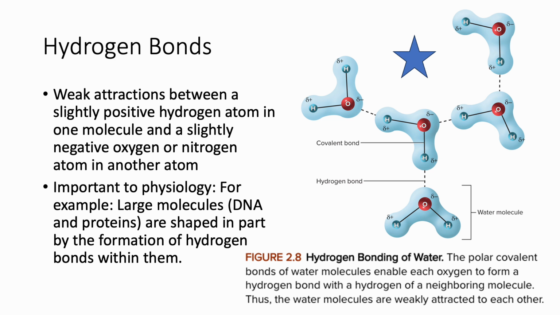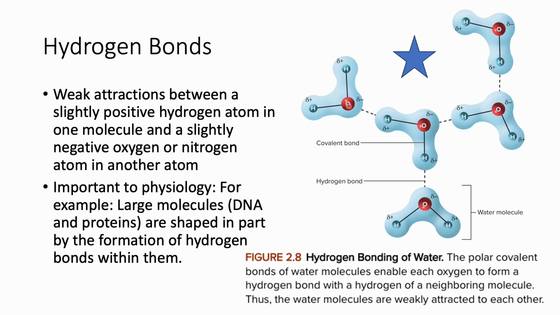Hydrogen bonds are weak attractions between a slightly positive hydrogen atom in one molecule and a slightly negative oxygen or nitrogen in another molecule. So here we see a water molecule, water molecule, water molecule, water molecule.